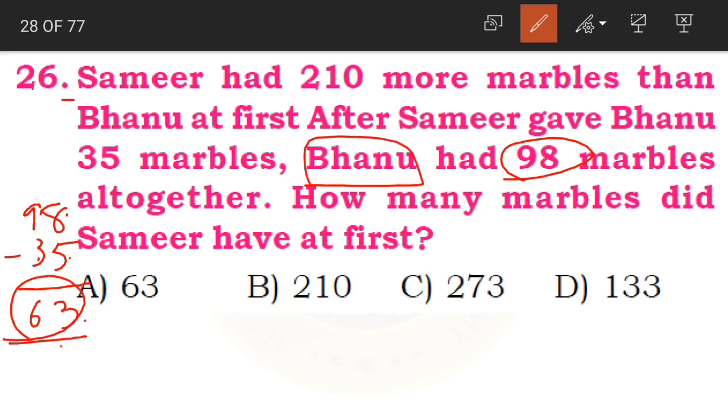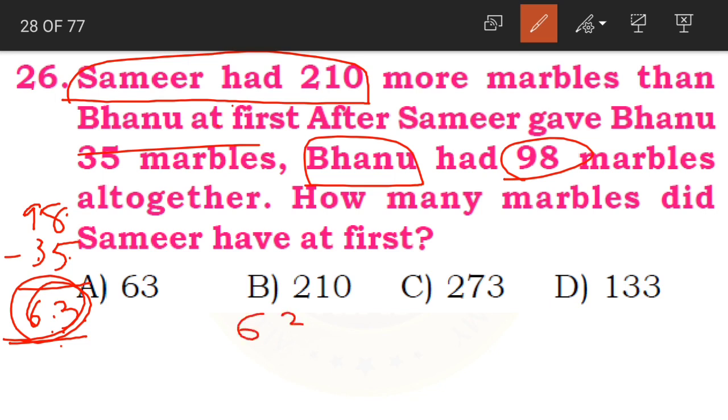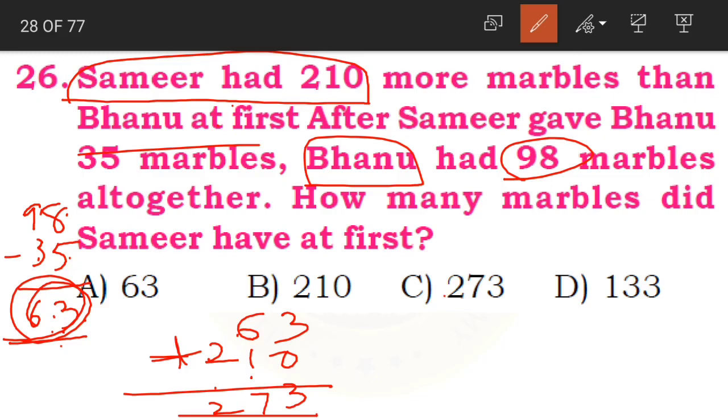Okay. Then Samir had 210 more than Bhanu. So this is the number of marbles Bhanu has, 63. Samir had 210 more. That means we need to add. 3 plus 0, 3. 6 plus 1, 7. 2. So how many did Samir have at first? 273. That is 210 more than 63.